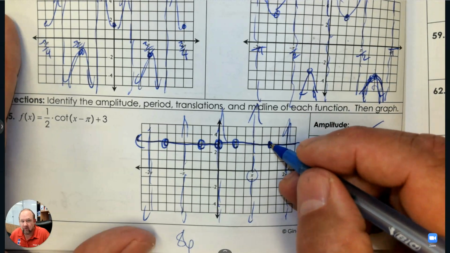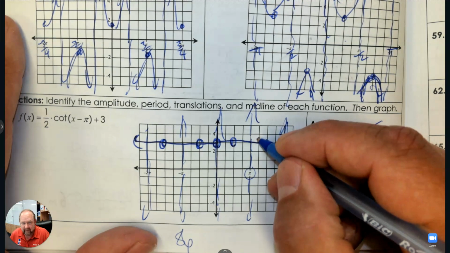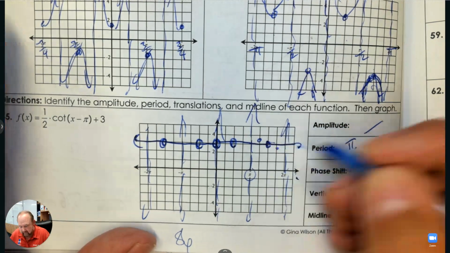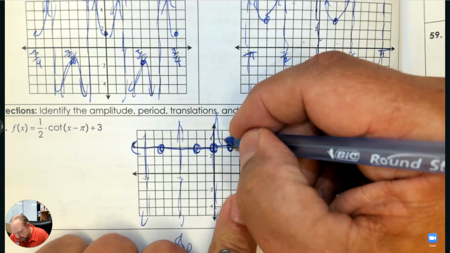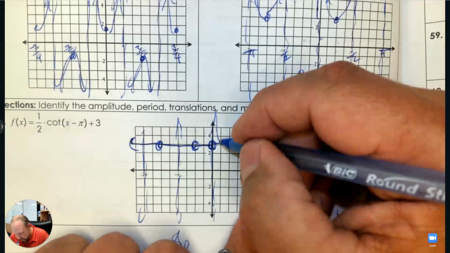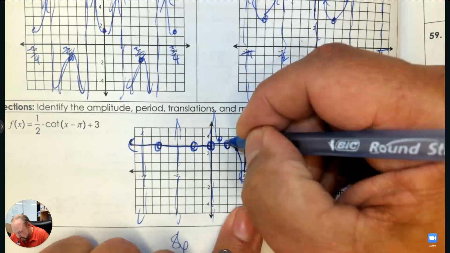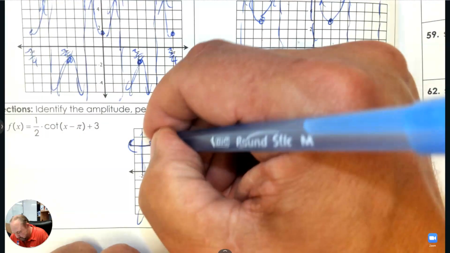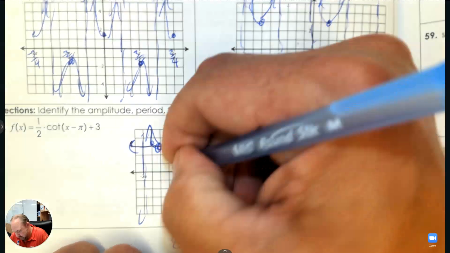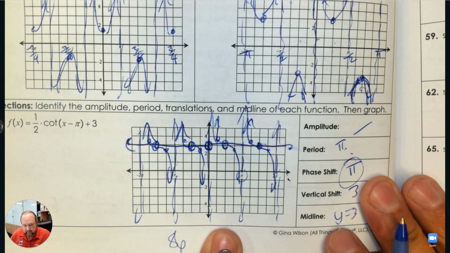It's positive, so it goes to the left and then a half, and then to the right and then a half. And there you go.